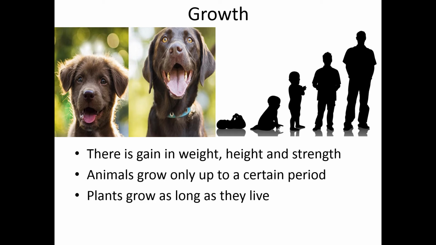No. Okay. Next, animals grow up to a certain period, whereas plants grow as long as they live. Why so? Animals have bones in them. And why does our height grow? Because our bones grow. After a certain age, when we reach the age of around 18 or 20 years, our bone growth stops.